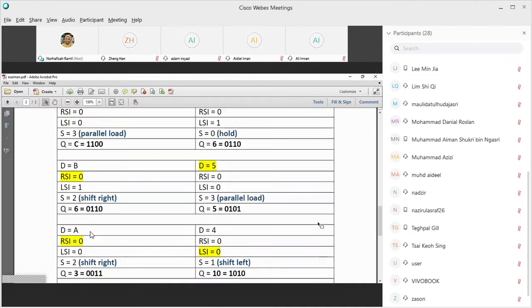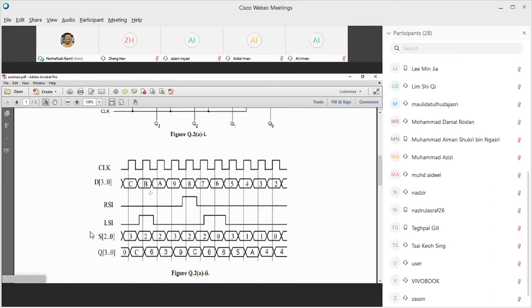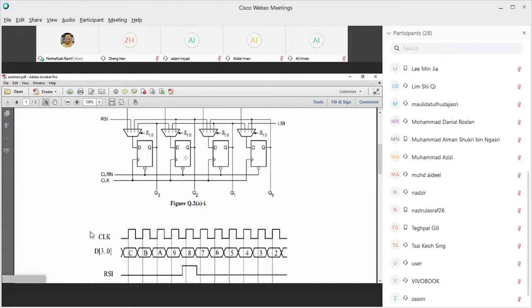By right, you have to start from there because in the exam, there are cases where we mistakenly put LSI here, RSI here, but the table is still the same. You see? So the best way, my comment now, is when you analyze the circuit, come up with the functional table.